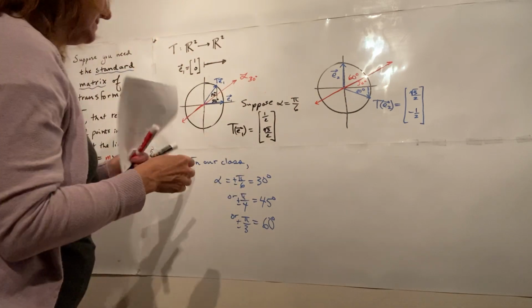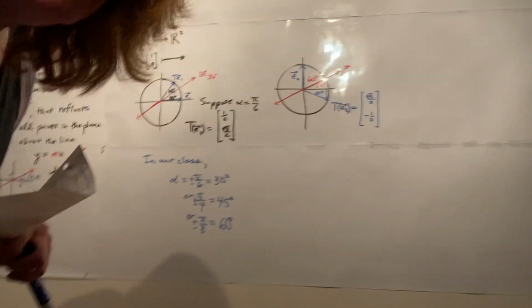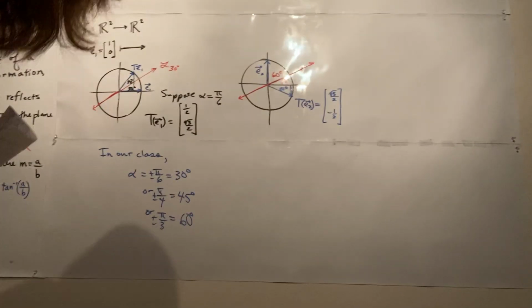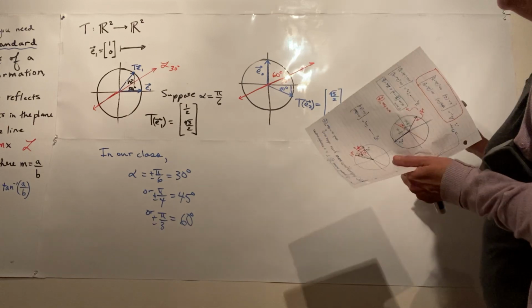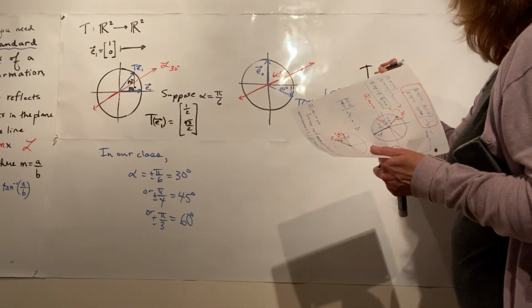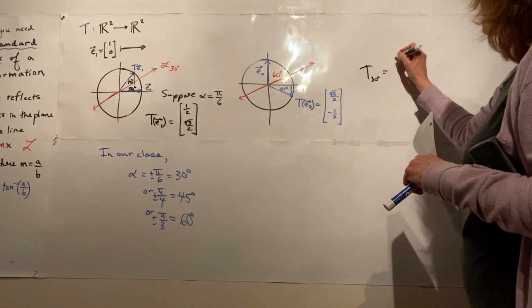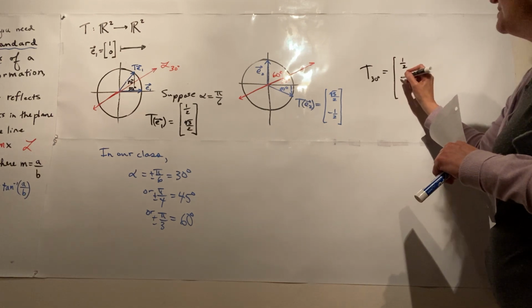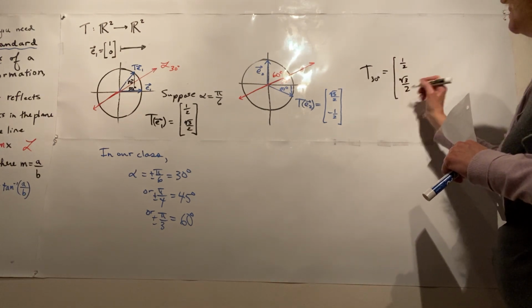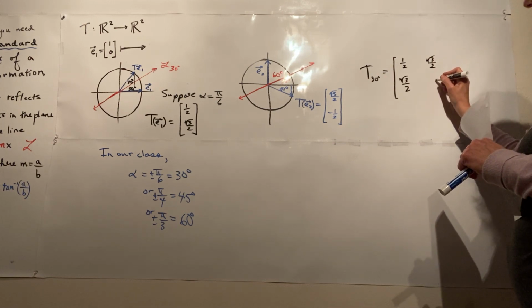So if we put that together, we end up getting that T associated with this 30-degree reflection is equal to T of e1, 1/2, square root of 3 over 2, T of e2, square root of 3 over 2, negative 1/2.